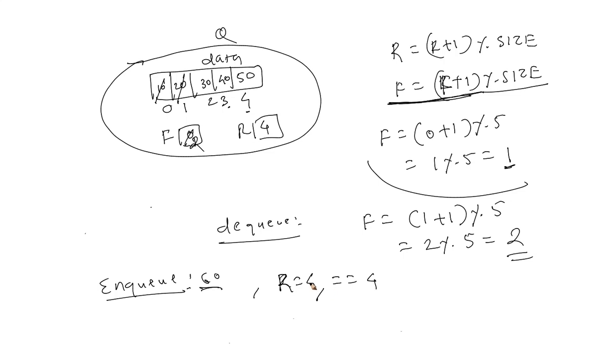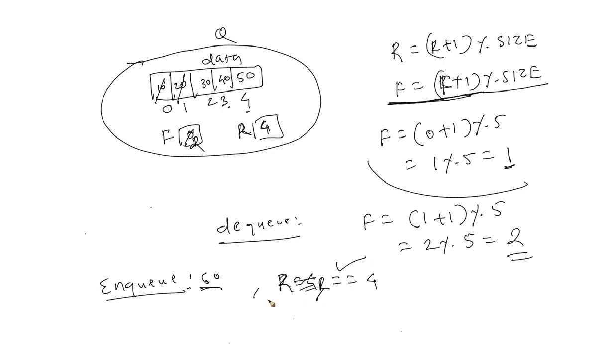We conclude that the queue is full by just looking at the value of R and comparing it with the last location. The last location is size minus 1. If R equals size minus 1, we say that the queue is full. The queue full condition in case of linear queue is R equal to size minus 1. Size minus 1 is 4 and R is also 4, so the queue is full.